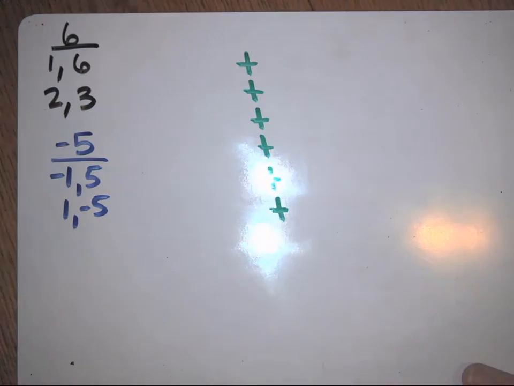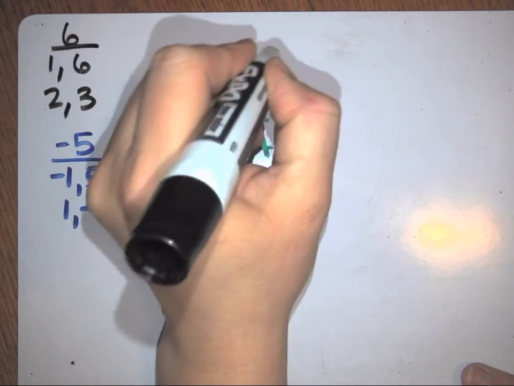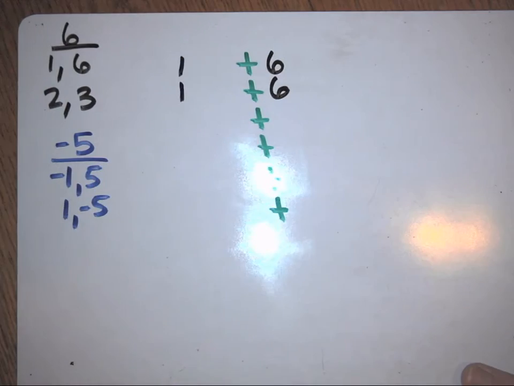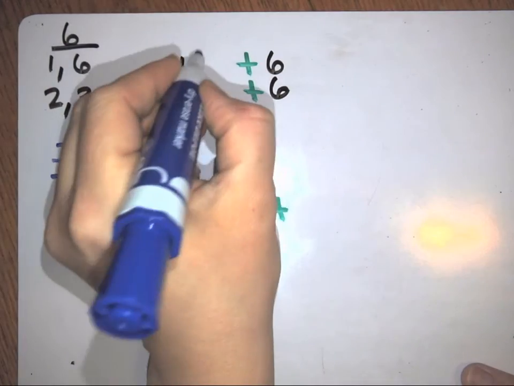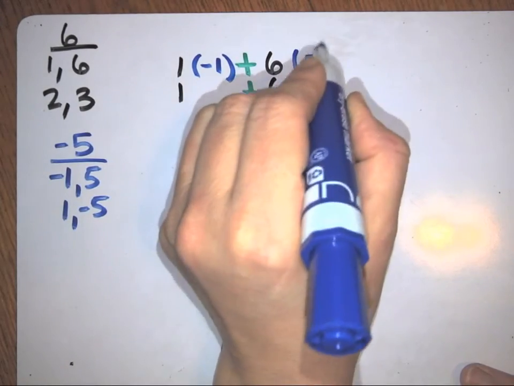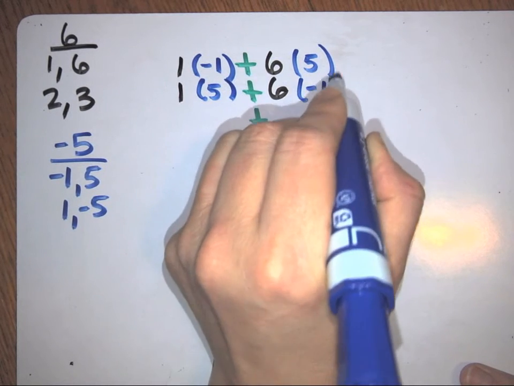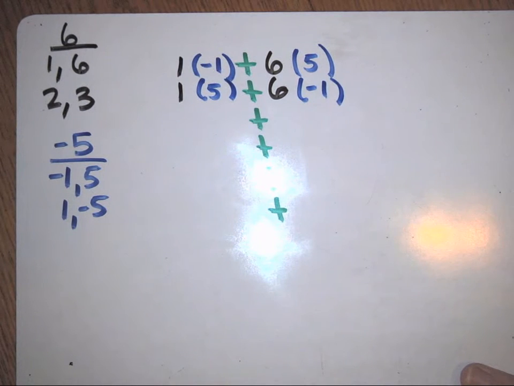Okay, so I'm going to start with writing out my pairs. So I had 1 and -1 here, and 5 over here, and then I'll switch and put 5 and -1, just like we did with our last batch.